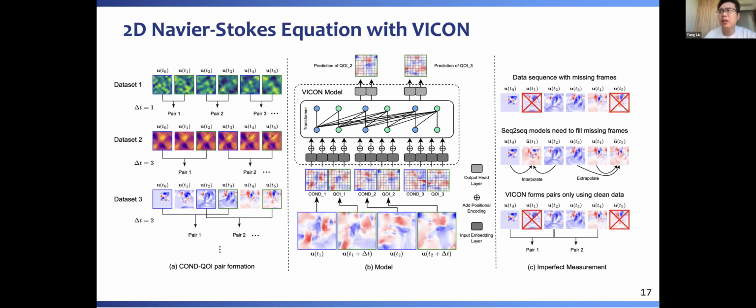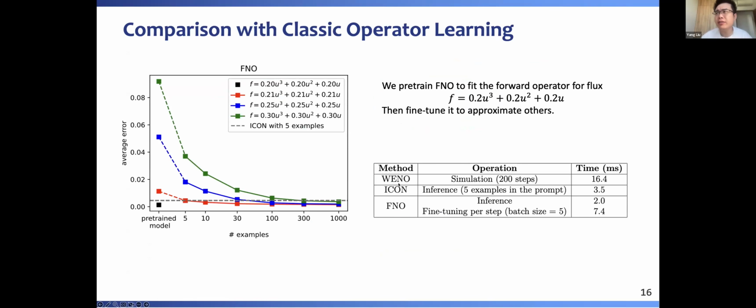Although I listed the WENO method here, the WENO simulation is slower than ICON, but it serves as the ground truth, the golden standard baseline. So it makes sense that it is slower. I don't think this is a fair comparison; I just put it here as a reference.